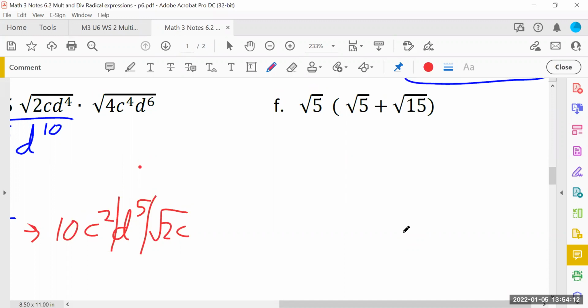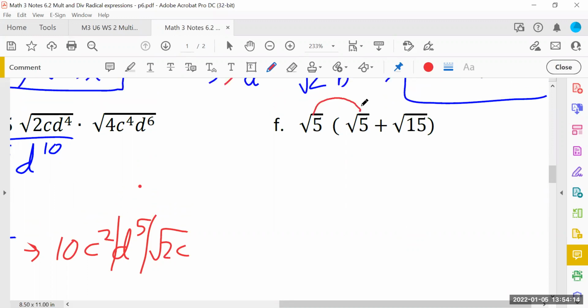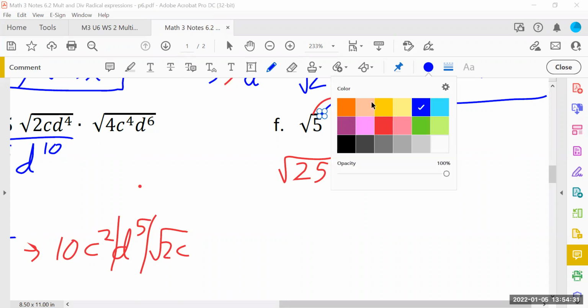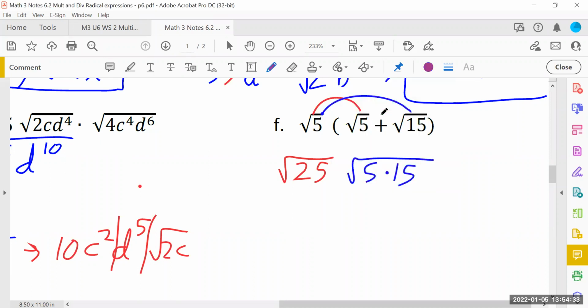They want you to do square root of 5 times the square root of 5. That would be the square root of 25, or 5 times 5. And then the square root of 5 times the square root of 15. And then in between those, I should have left more room, is still the plus sign that we had before. The idea would then be to go ahead and reduce both of those.